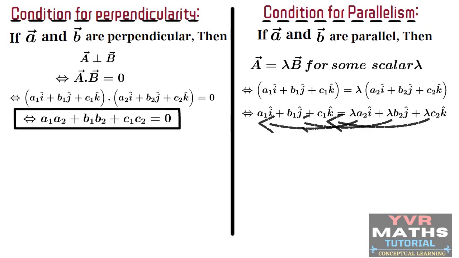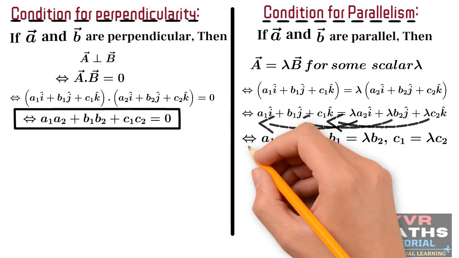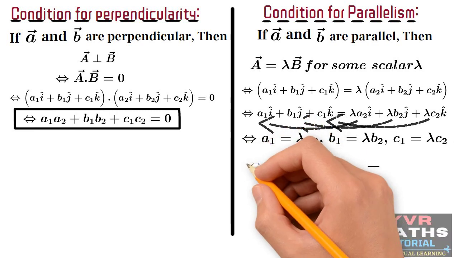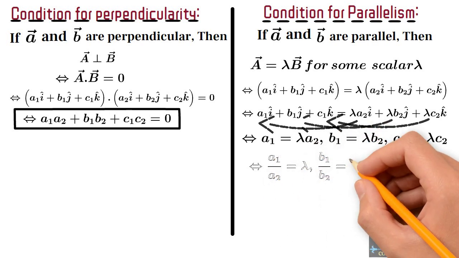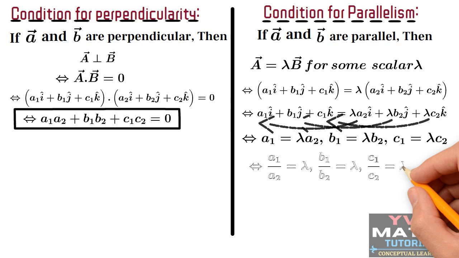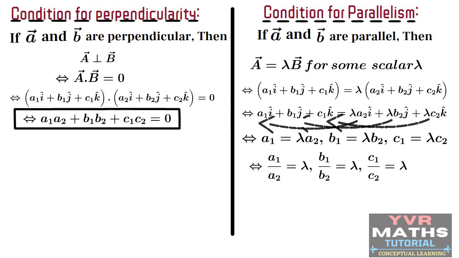a1 is equal to lambda a2, b1 is equal to lambda b2, c1 is equal to lambda c2. Now, how can we write these conditions? See here, a1 is equal to lambda a2 can be written as a1 by a2 is equal to lambda, and b1 by b2 is equal to lambda, and c1 by c2 is equal to lambda.